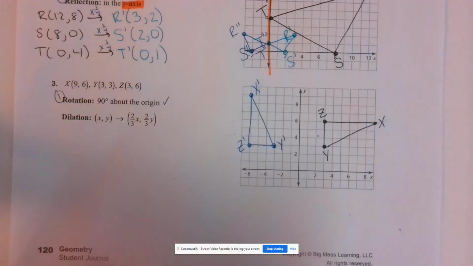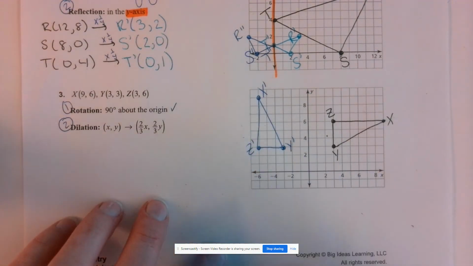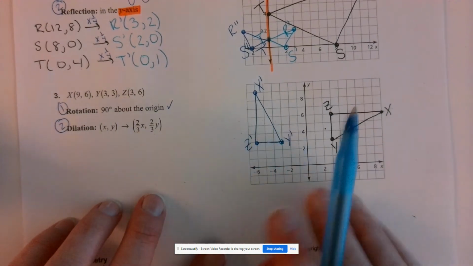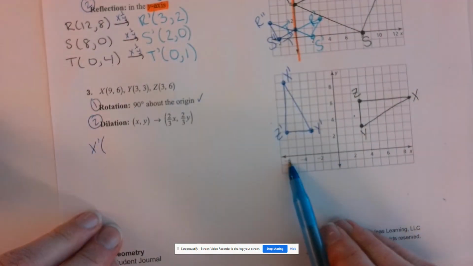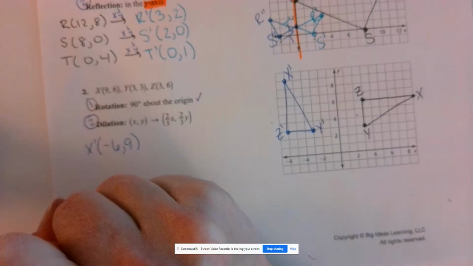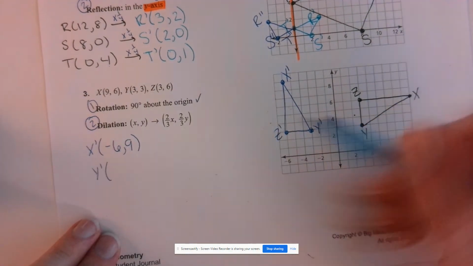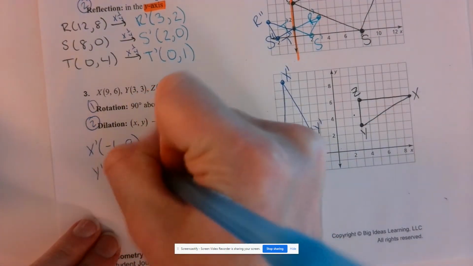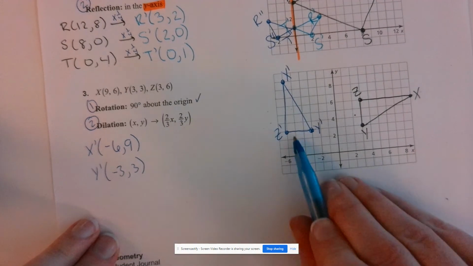So I've done the rotation. I am now ready to do a dilation. Before I do that, let's go ahead and write these new ordered pairs of this new triangle. So X prime is located at negative 6, positive 9. Y prime is located at negative 3, positive 3. And Z prime is located at negative 6, positive 3.